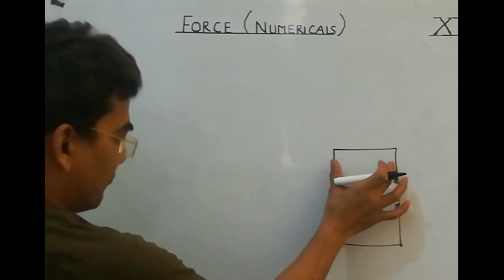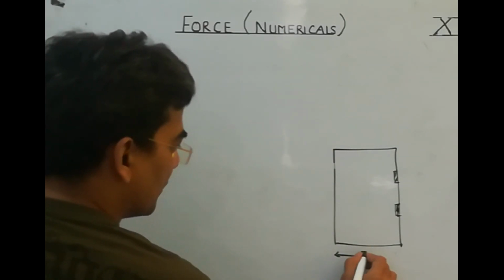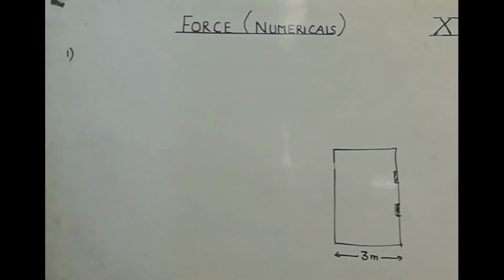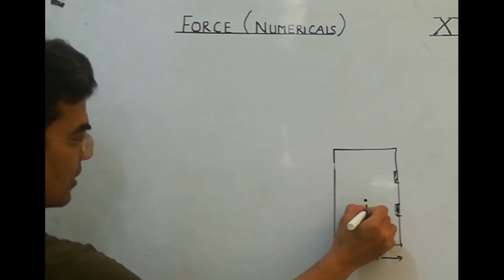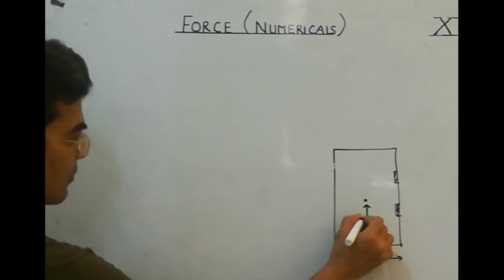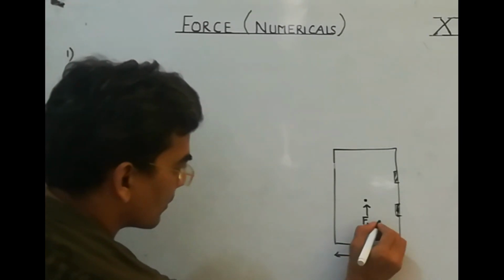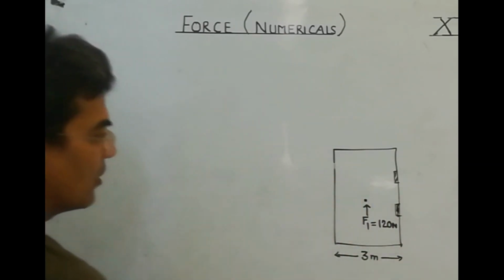Now here you have the width of the door given to you is 3 meter. Now in case 1, the person is applying the force of 120 Newton at the middle of the door. He is applying the force here, F1, 120 Newton at the middle of the door.